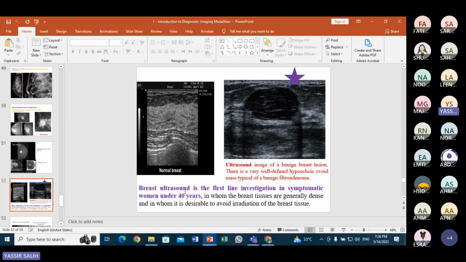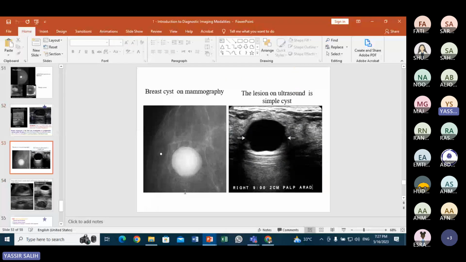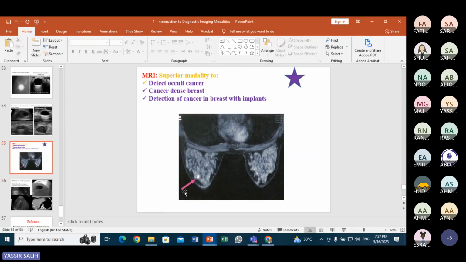If the patient underwent breast implant, what is the appropriate imaging technique for this patient? MRI. Yes, for a patient with implants the superior imaging technique is MRI.